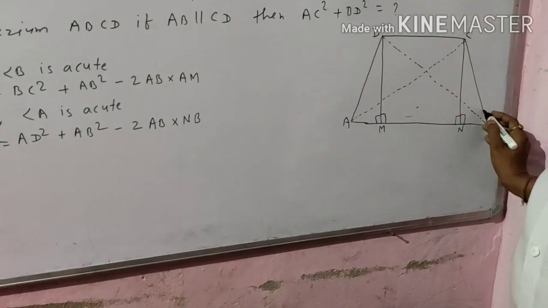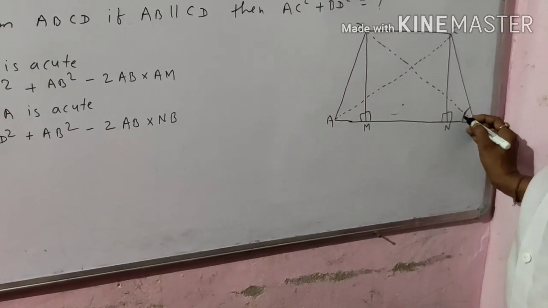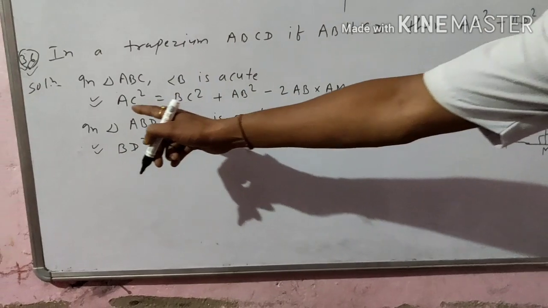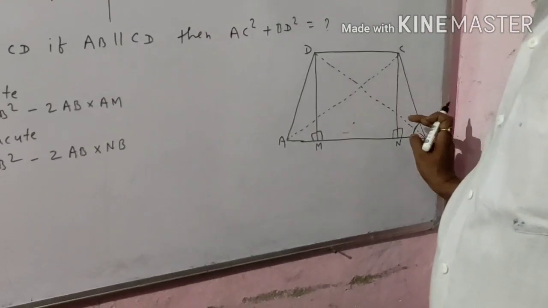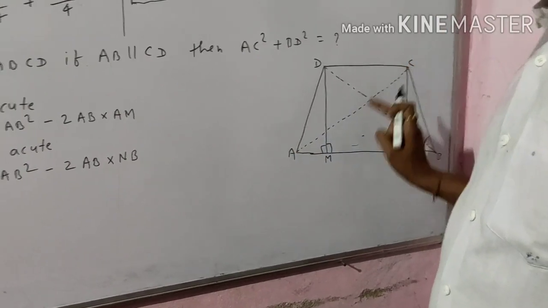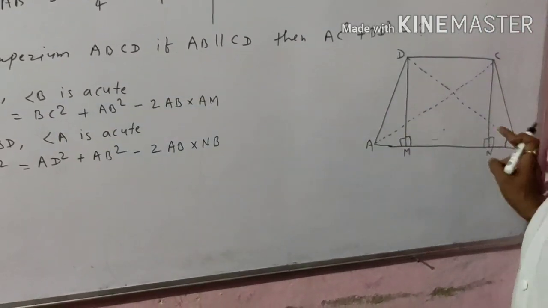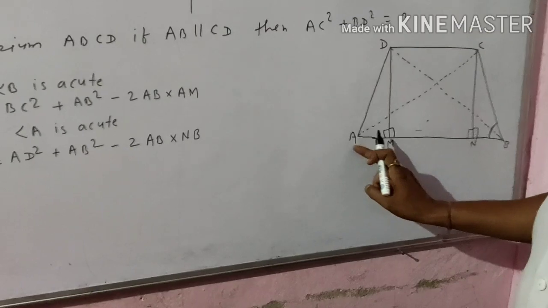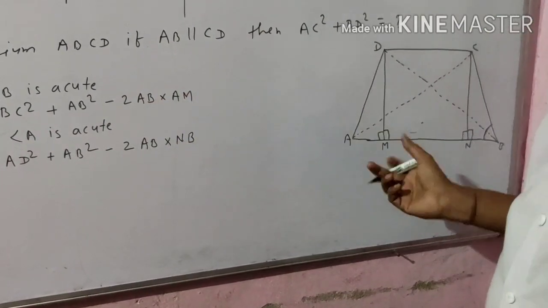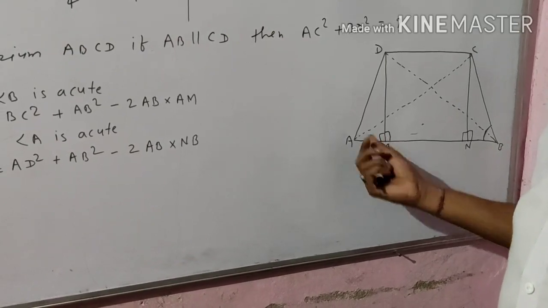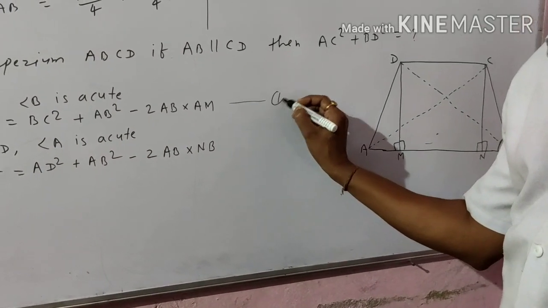That means angle B is less than 90 degrees. So what is the relation here? AC square is equal to BC square plus AB square minus 2AB into AM. Okay, so this is equation first.